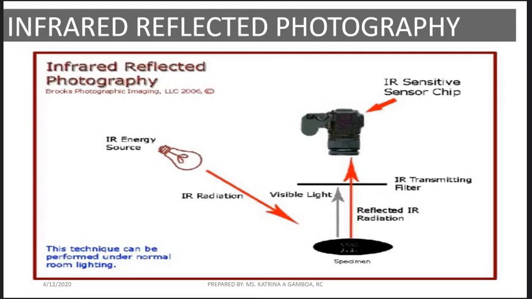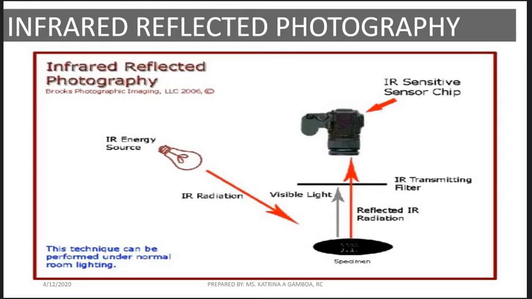Parang dinidisable niya yung visible light na makapasok. Tignan nyo yung arrow. The gray arrow, nilagyan mo siya ng filter, IR transmitting filter. The IR transmitting filter will not allow the visible light to enter your camera, but will allow the energy source or infrared light coming from the red light.